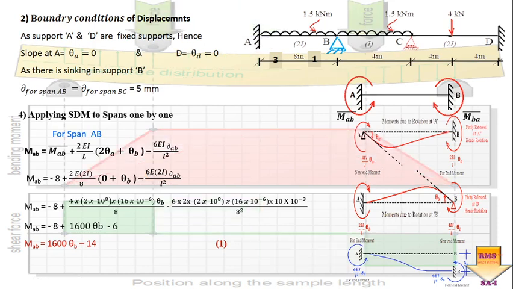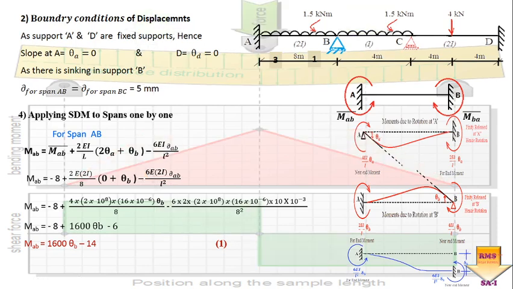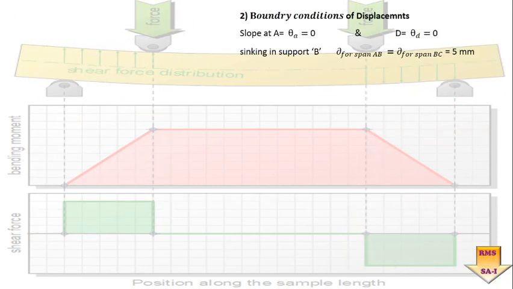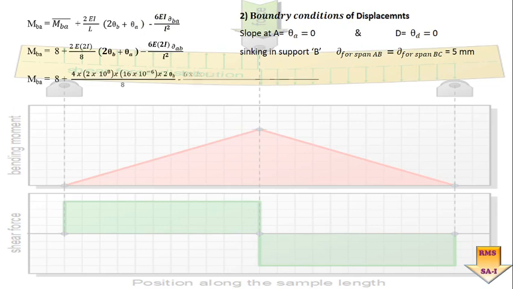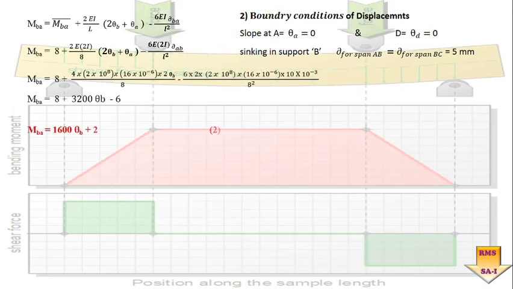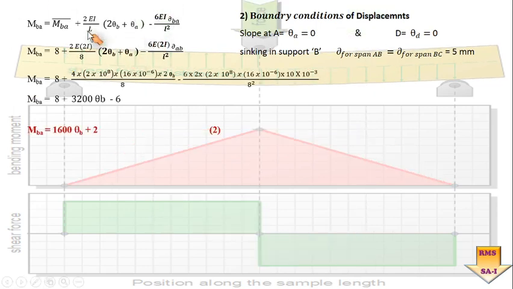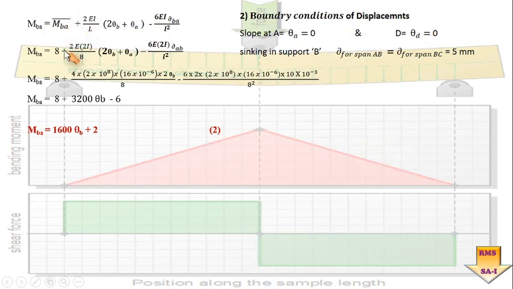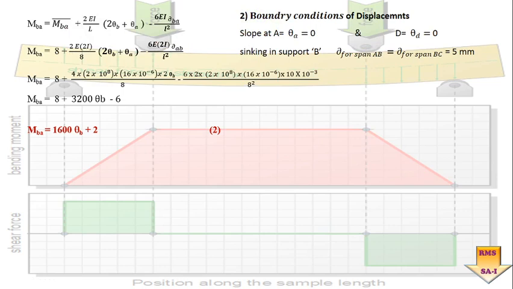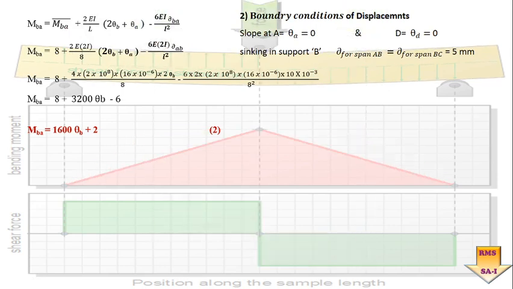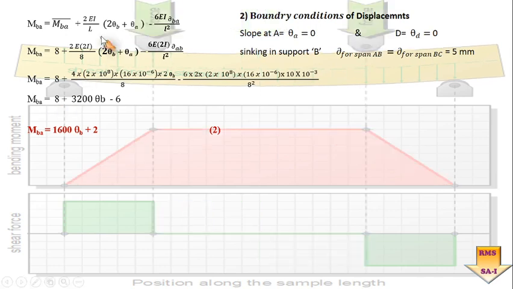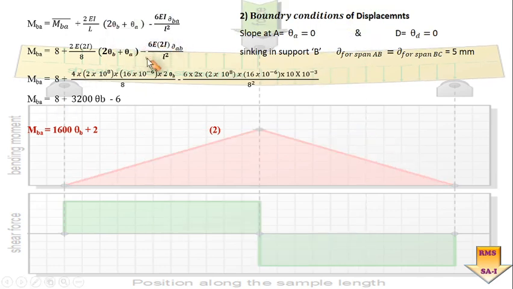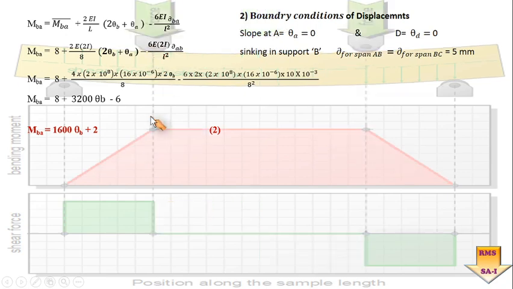After finishing span AB, let us move to the next: MBA, the fixed moment about point B. Again, we have substituted the values of theta B and theta A, which we already know, and again it is going to be minus 6 EI delta.